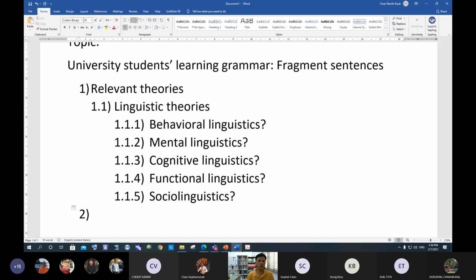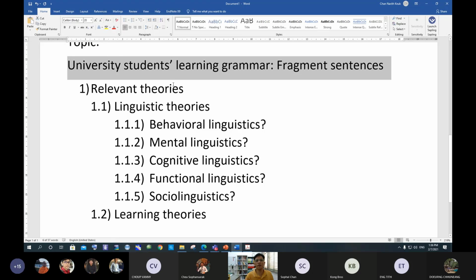We talk about 1.2, learning theory. Of course, when you are writing, you won't review all the things. You pick up the theory that you think is relevant to the problem that you want to address here.